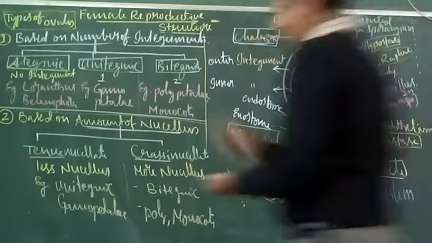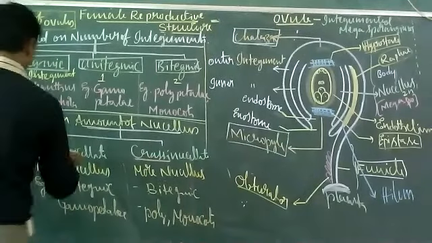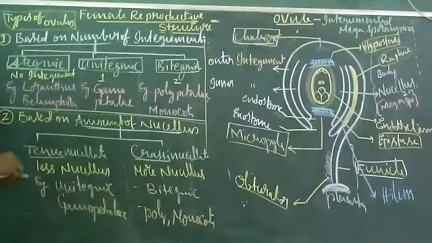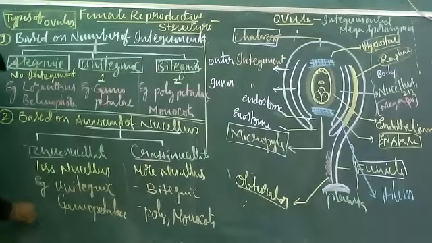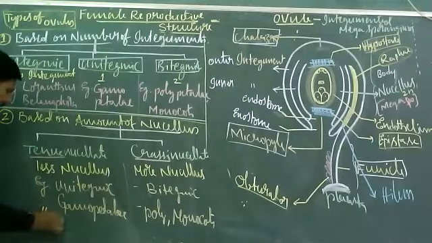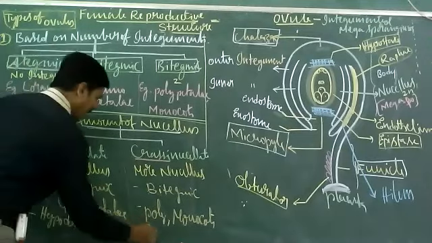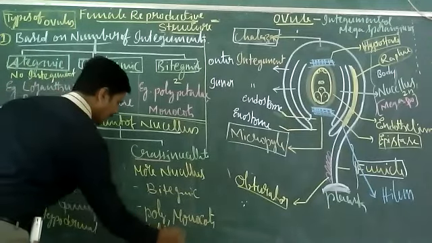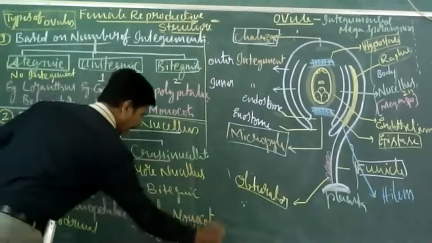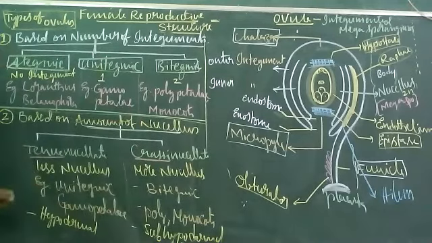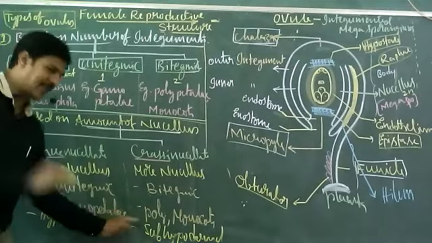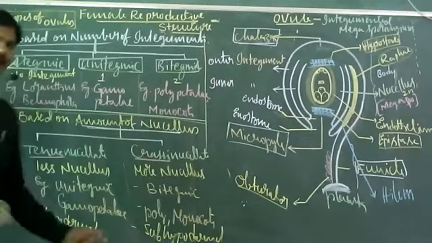According to your textbook, tenuinucellate has hypodermal origin, crassinucellate has subhypodermal origin. So more or less somewhat similar. It is immediate to the epidermis. It is little beyond the epidermis, little away from the epidermis.